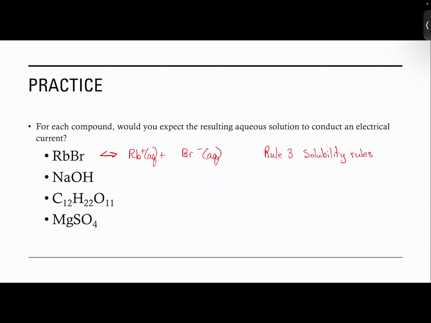So this is going to be an electrolyte. Sodium hydroxide. Because of Rule 1, we know this is going to dissociate into sodium ion and hydroxide ion. So it is going to be a good electrolyte.